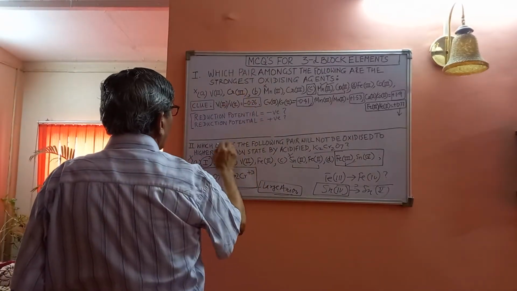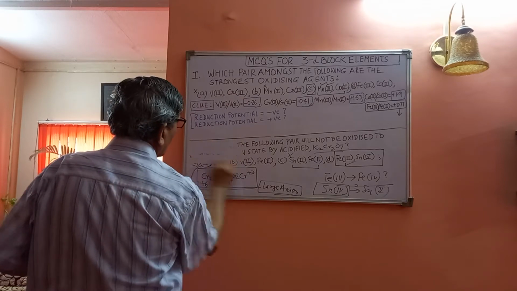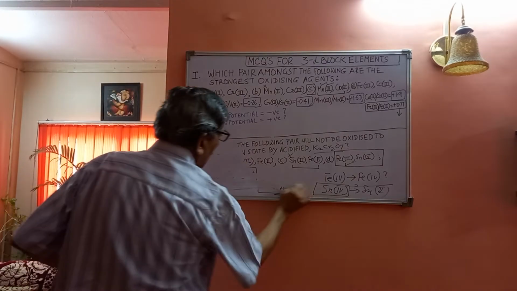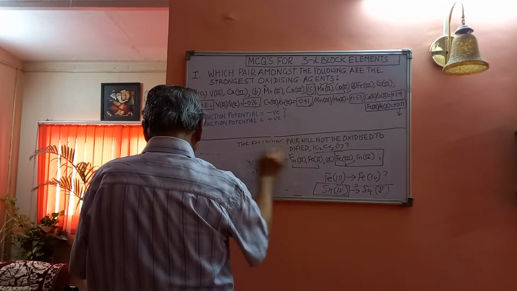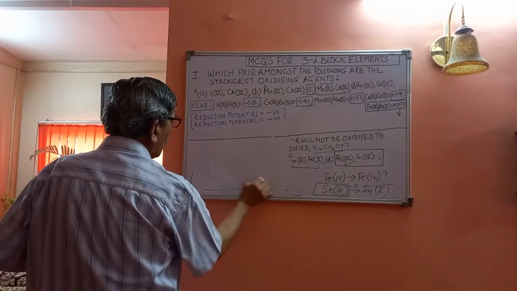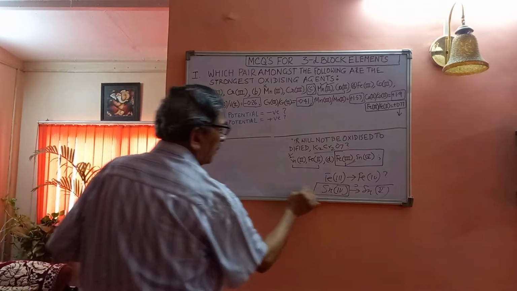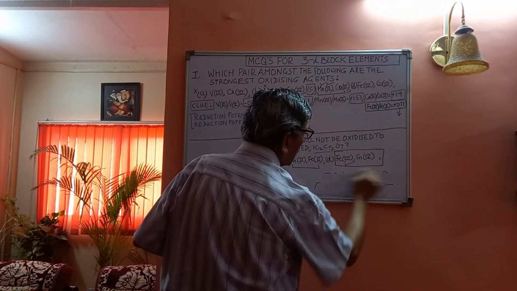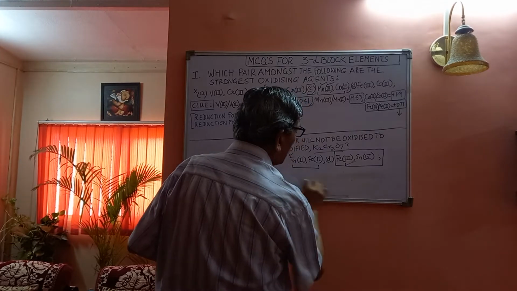So let's rub this out first. Our next question says that we have a cobalt complex with 6 ammonias.